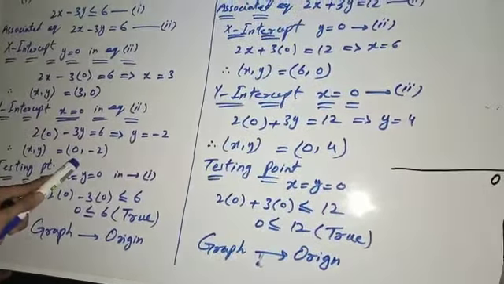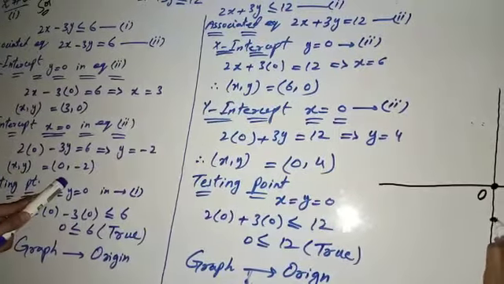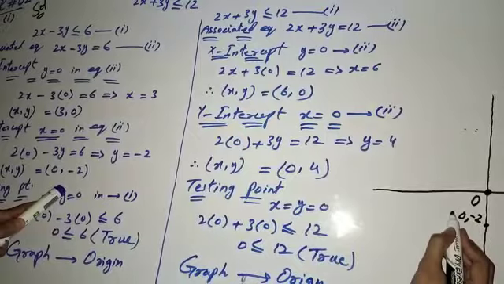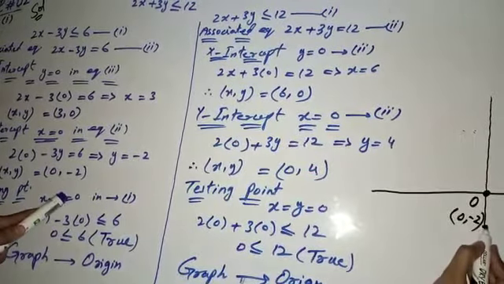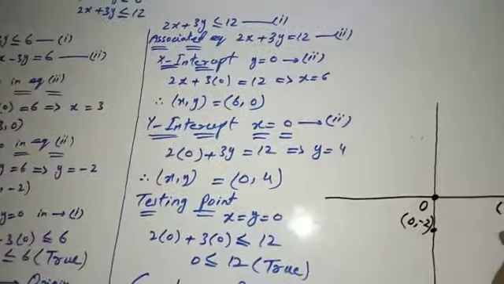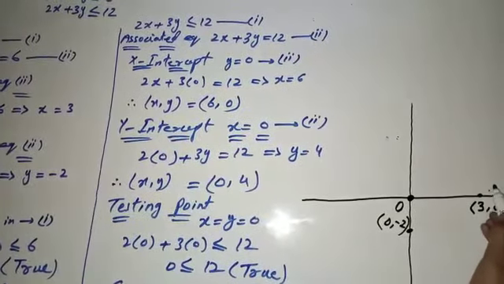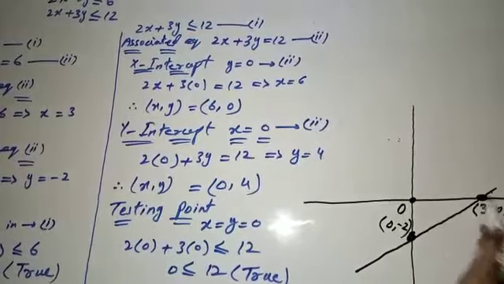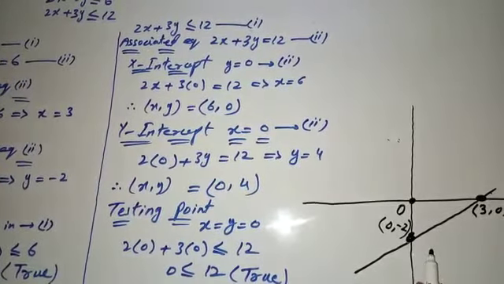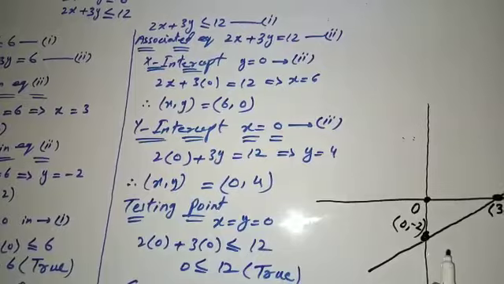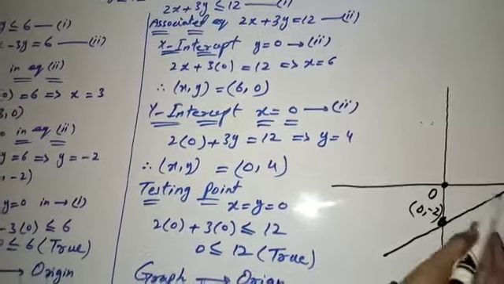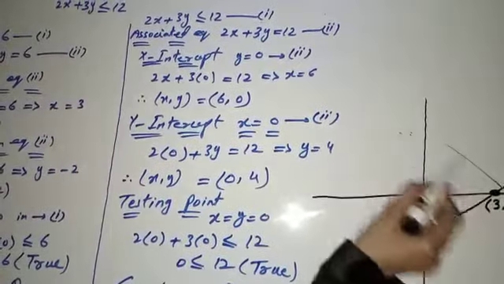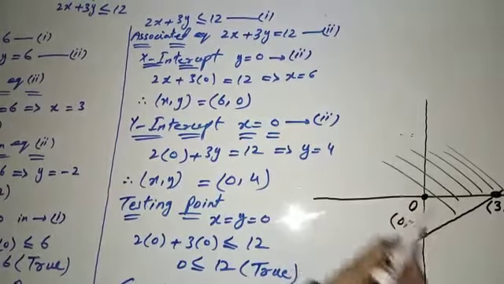This is 0 and on the y-axis the value is minus 2. Suppose it lies here, 0, minus 2, at this point. Meet these 2 points. As the solution of the linear inequality expression is true, that's why its graph is towards the origin. This is the origin, I am plotting the graph towards the origin.